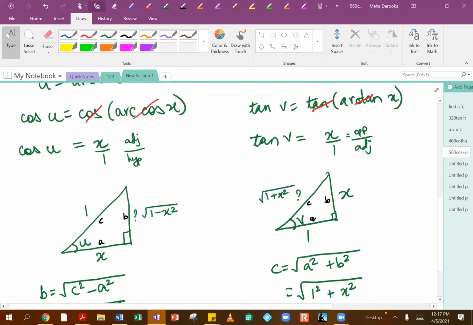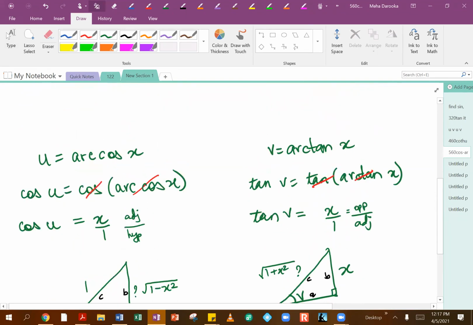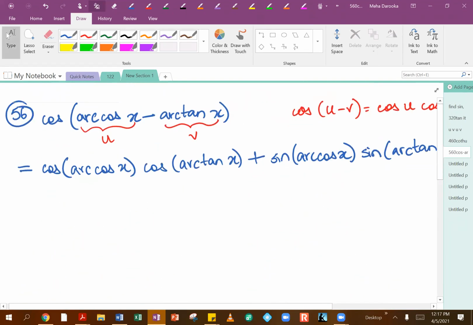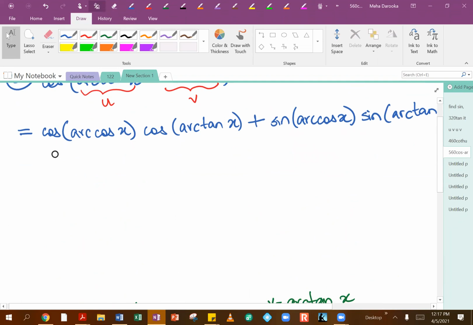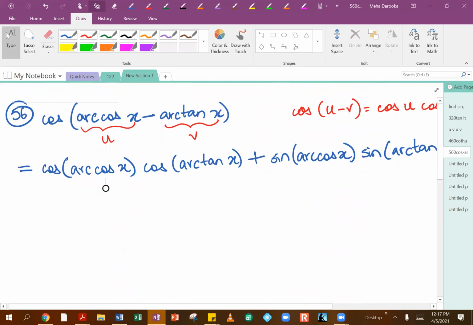So now that you know all 3 sides of your triangle, you can now come back to the problem and start filling this out. So, of course, you will see over here, we have cosine of arc cosine of x. And, of course, in this case, we are making the assumption that x is going to be within the domain of your cosine function.